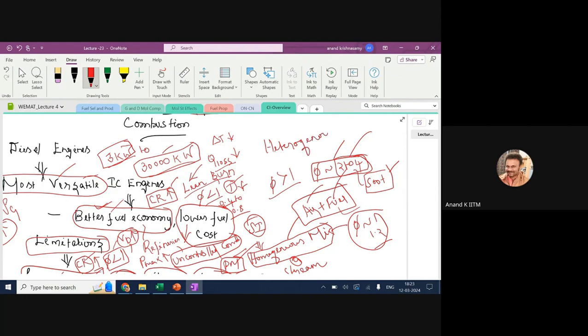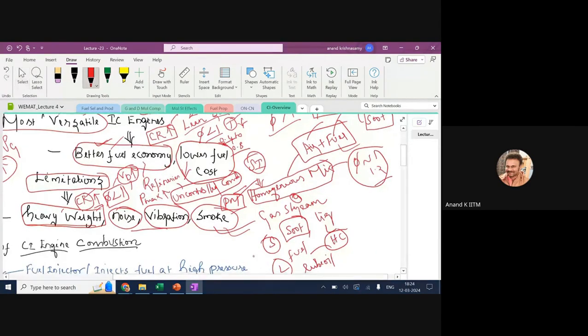So you have a heterogeneous fuel-air mixture in a diesel engine. This heterogeneous mixture leads to the 2 to 4 regime of equivalence ratio that very well forms soot particles. So there will be significant soot particle generation in a diesel engine, and that will reflect in the exhaust smoke that comes out of the tailpipe of the CI engine.